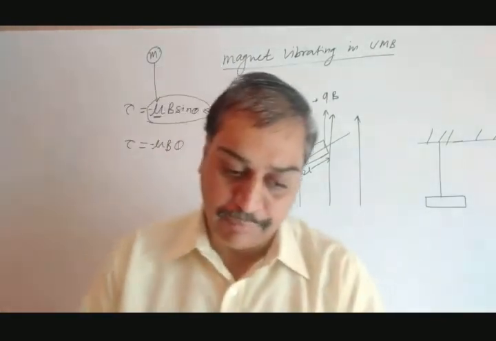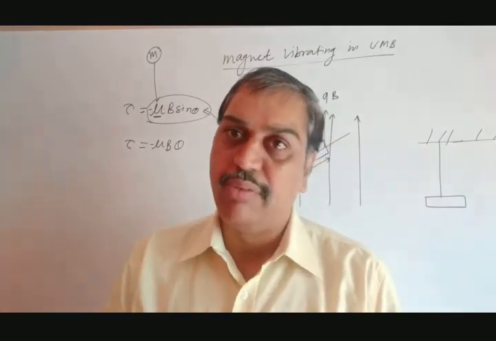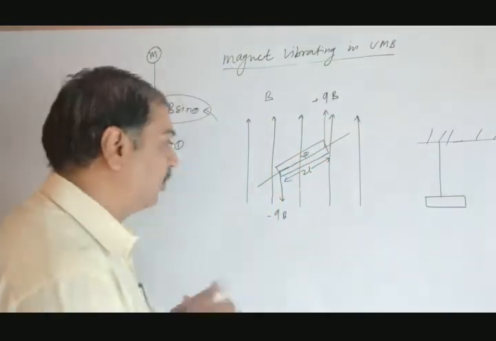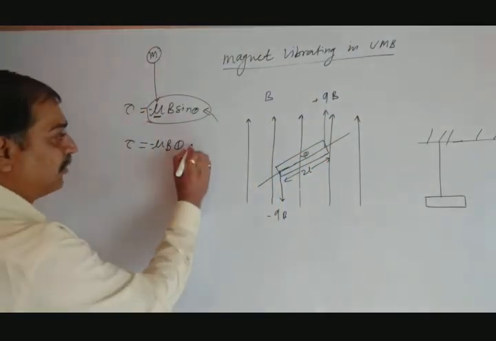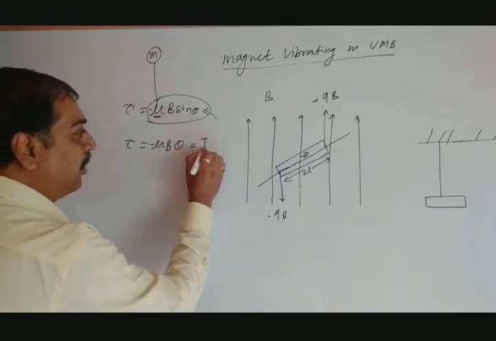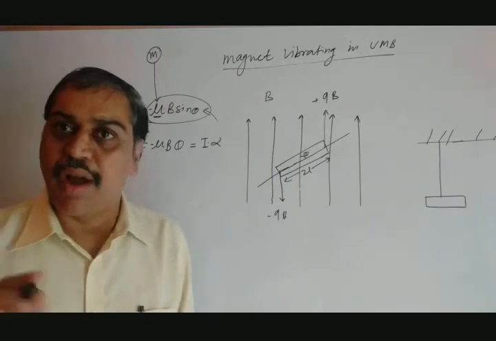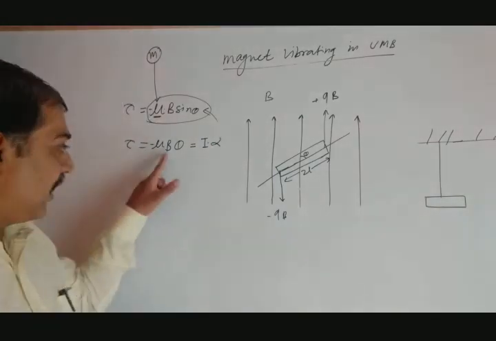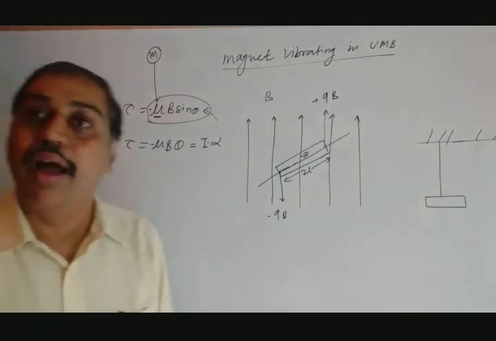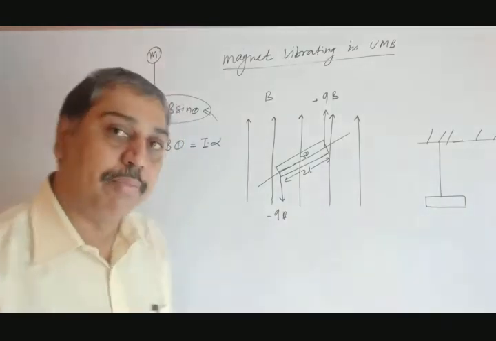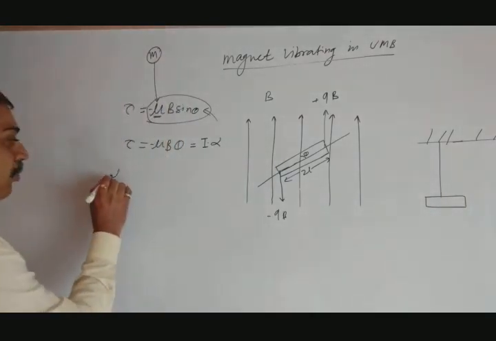So this is a torque, and we have used the equation tau equal to I alpha. As torque equals this and equals I alpha, from this you can find the value of alpha. So alpha equal to what?